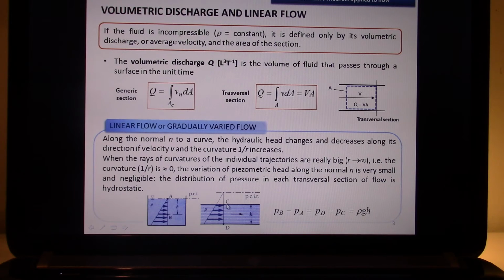So in this particular situation, which is usually what happens when you study this kind of problem, the pressure follows a distribution that is again hydrostatic.